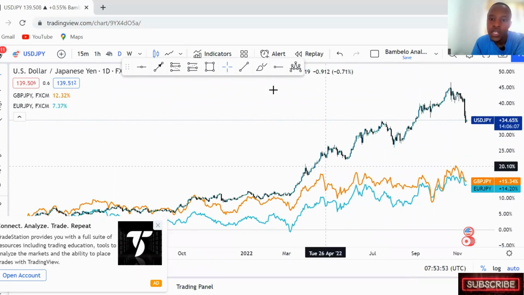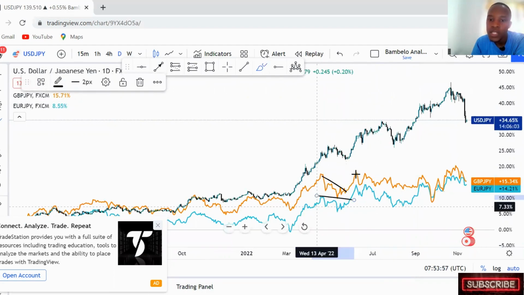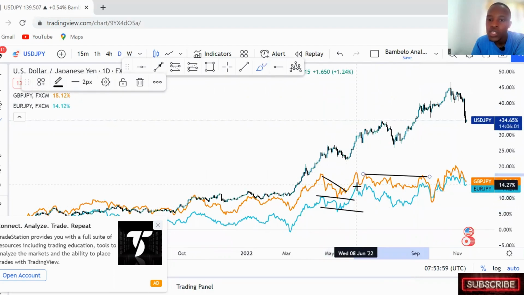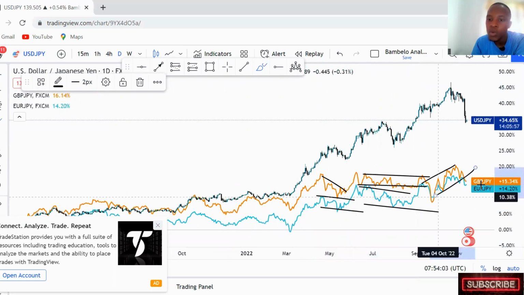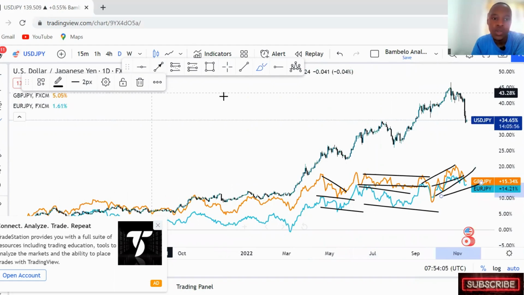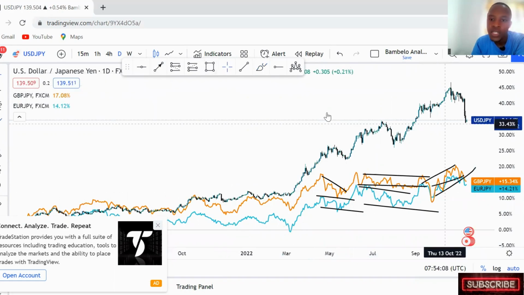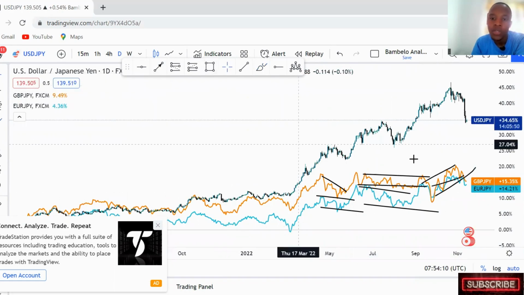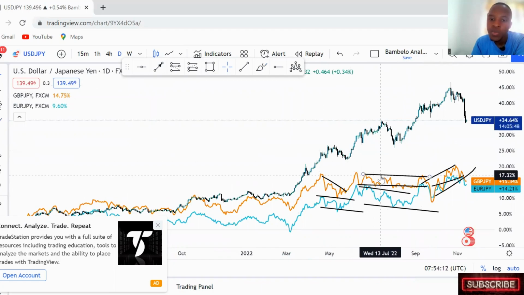You can see they've been moving closely together with similar structures, consolidations, and then went to the upside, and the blue also went to the upside. So among the JPY pairs, these three are the ones that are that much correlated: GBP JPY is positively correlated with USD JPY, but is more correlated with Euro JPY.